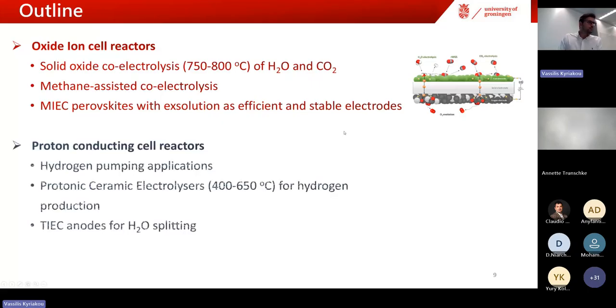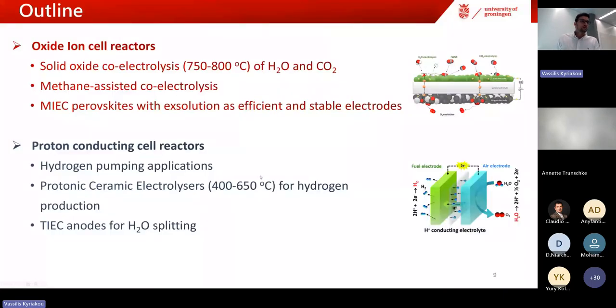In the second part, I will discuss the newer area of protonic ceramic reactors or protonic ceramic cells, which can have different applications related to electrolysis, hydrogen pumping, or process intensification by combining endothermic and exothermic processes.